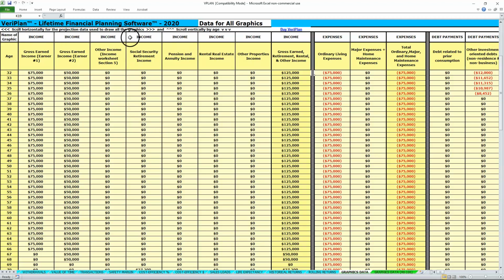Looking across the top, you will notice that the first headers you see are for the income graphic, which is also the first output graphic tab that you encounter when moving from left to right. Also note that a narrow gray bar vertically separates the data columns of one graphic slide from another.